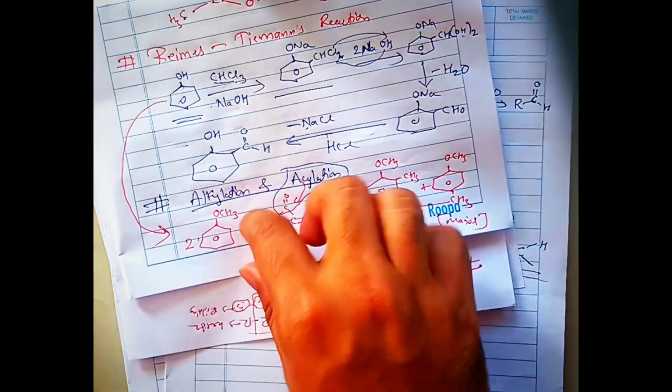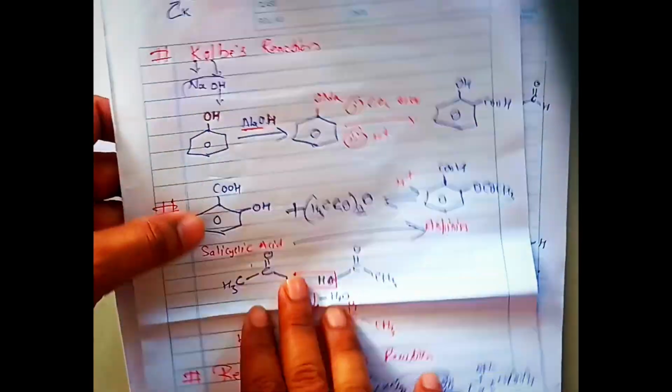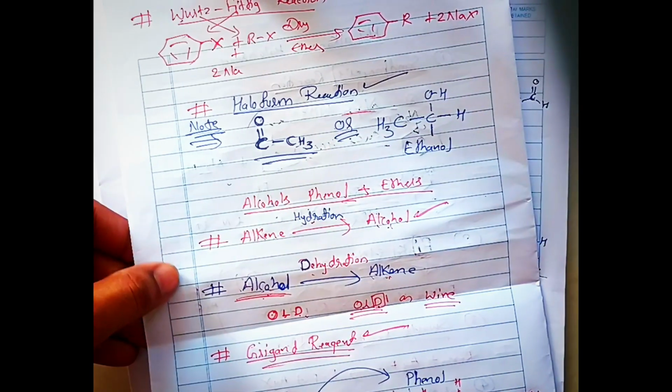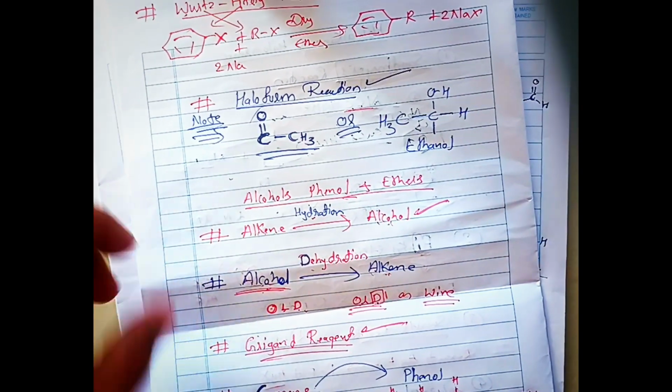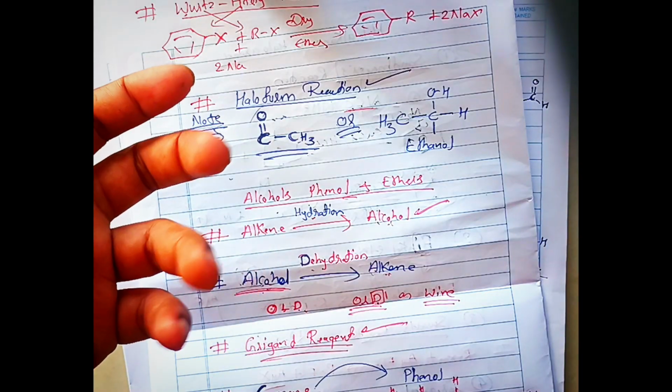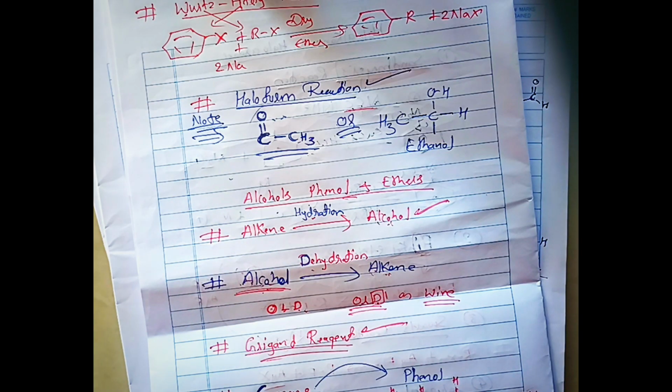So by this we can complete alcohols, phenols and ethers, and also haloalkanes and haloarenes. This is not the complete chapter, but these are short tricks which we can use in the examination.